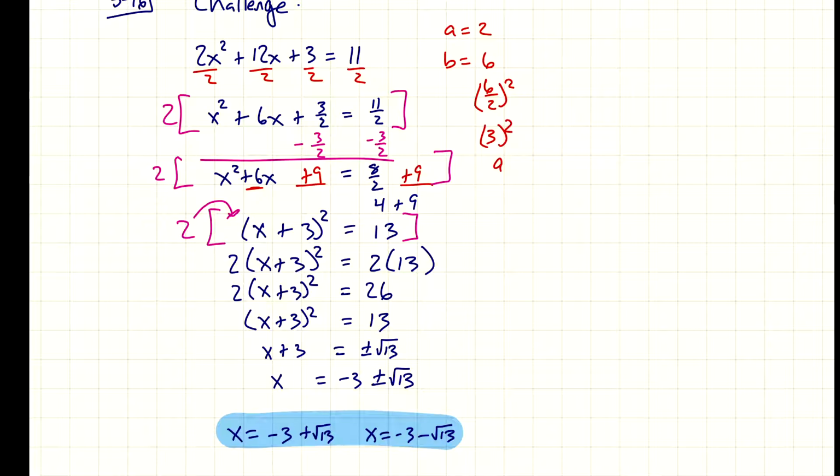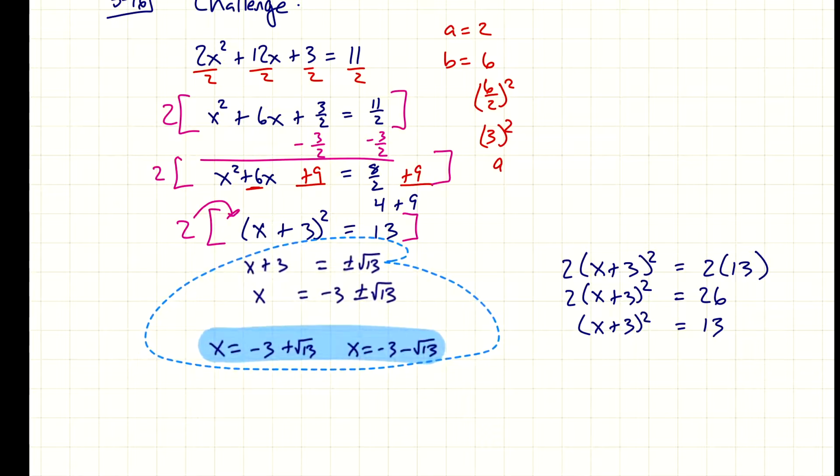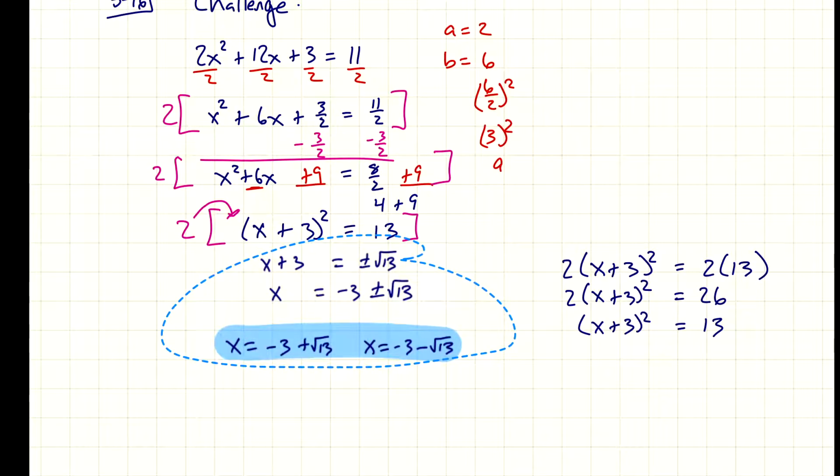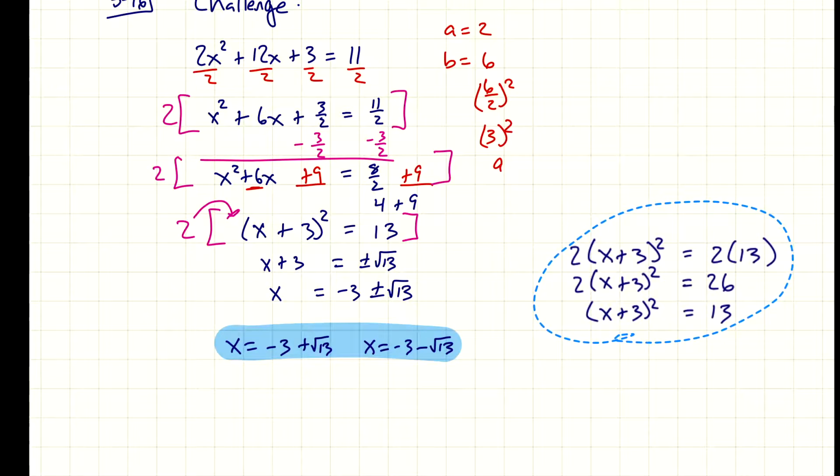And if anything, I could probably eliminate these steps, right? So I'll even do that for you, right? So this was just to show you that there's technically that 2 was being factored out, and so it was okay for us to just divide everything by 2.